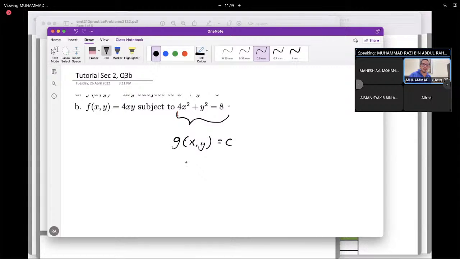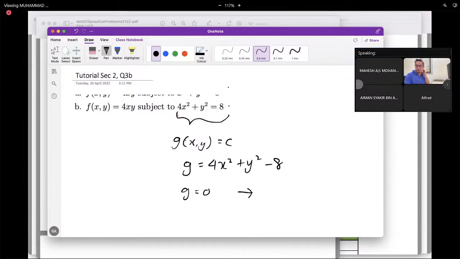Basically we write g equals 4x squared plus y squared minus 8. And then when we set g equal to 0, we get back to this expression of the constraint.